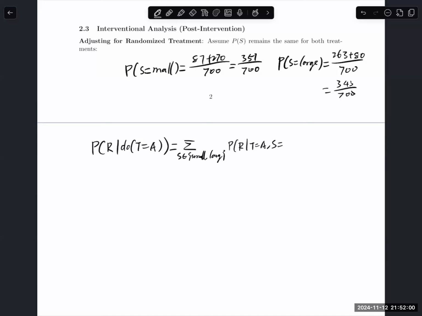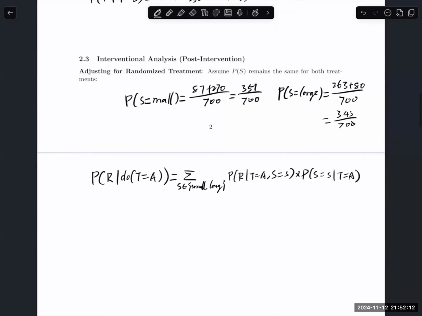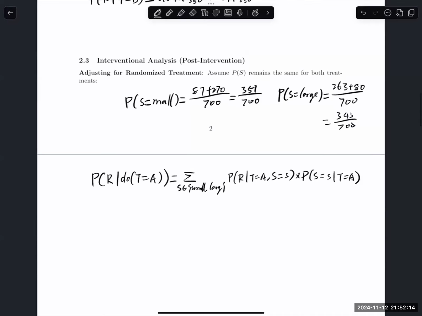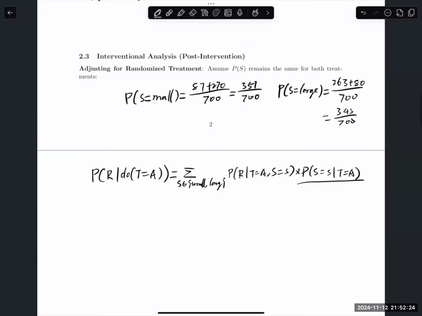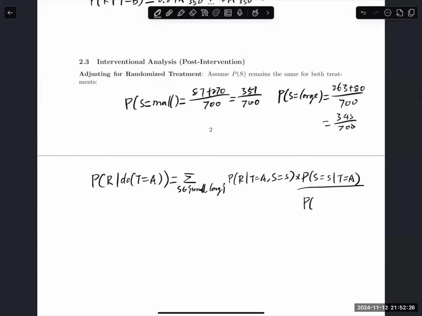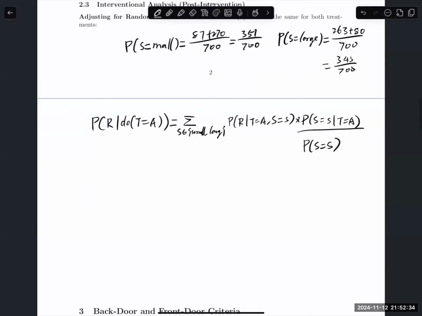Since we assume the distribution is the same for both treatments, the probability of S is regardless of the treatment, so we replace it with the marginal distribution of the stone size.